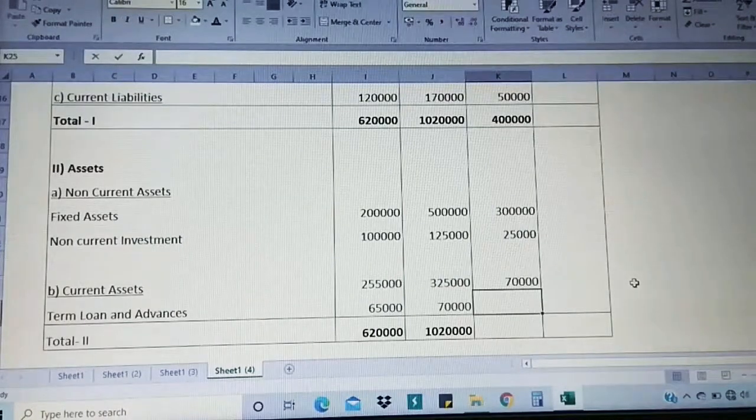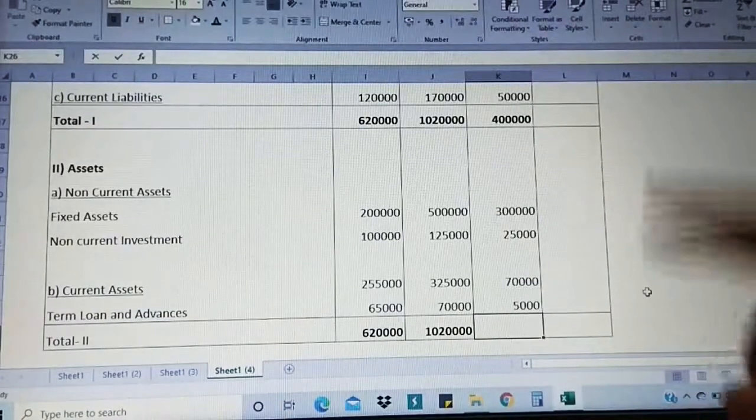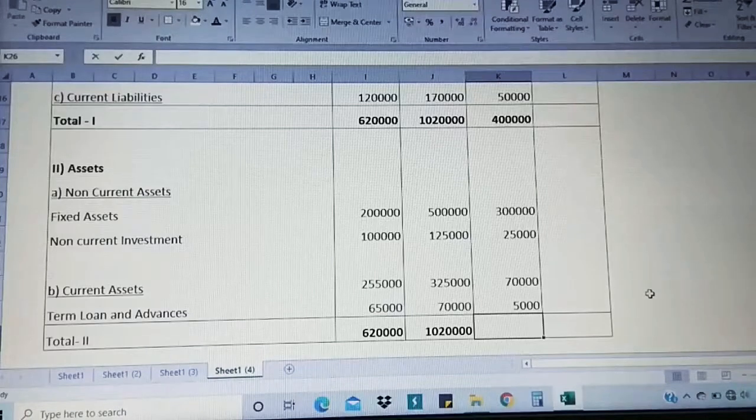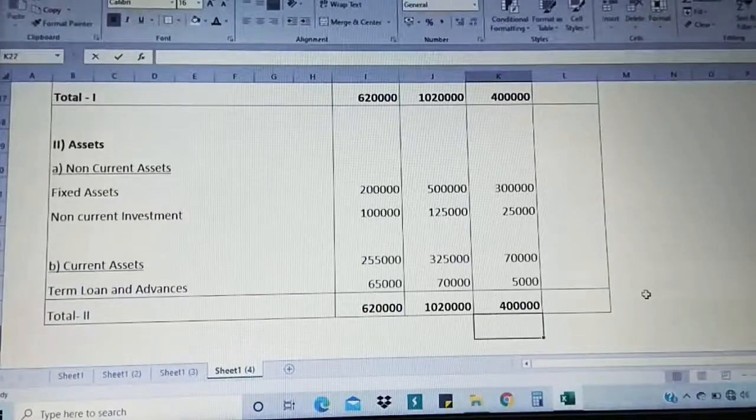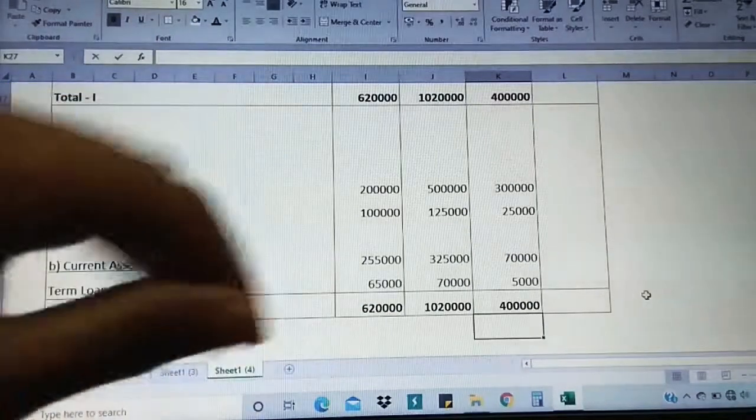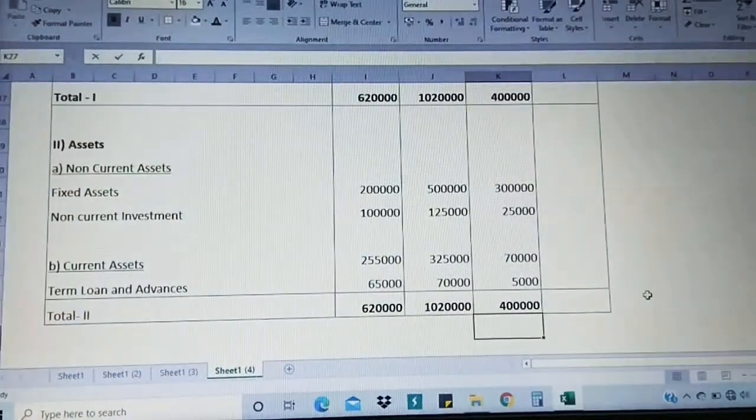Now 70,000 minus 65,000 gives you 5,000. So we have completed. Now let us check the difference here as well. It's going to be the same 4 lakh. See, the total in the case of the balance sheet for total 1 and total 2 will be the same. You need not get confused. The answer you get for total 1 will be the same for total 2, even the difference amount.